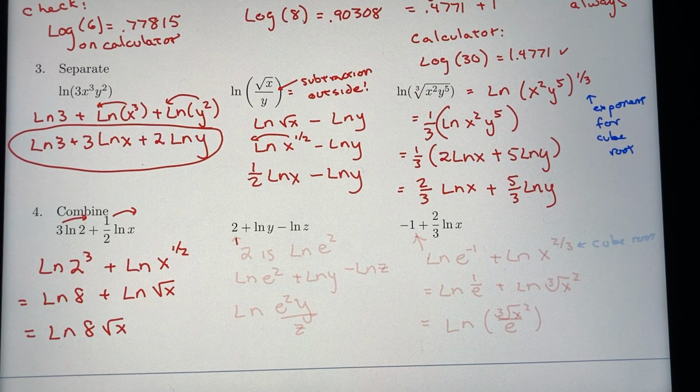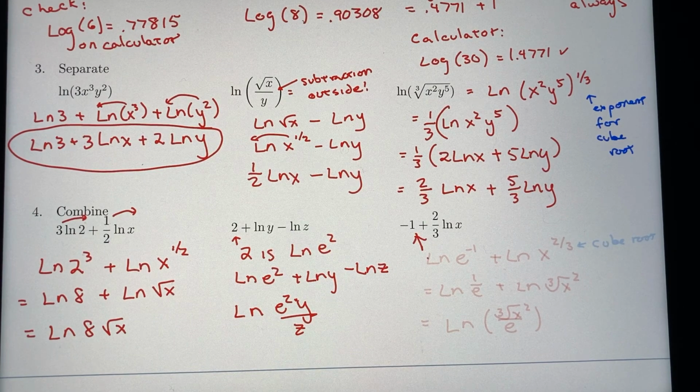This one is tricky, but 2 is ln of something, ln of e squared. So we have ln e squared plus ln y minus ln z. Addition combines into multiplication, and then division for the subtraction.